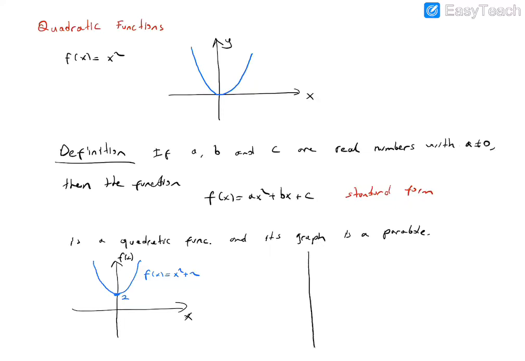So let's give an example. Let's say g of x is 3x squared minus 12x plus 14. Actually, it's not easy for me to directly sketch this graph, but from your textbook I will sketch. So this is our parabola, g of x equals 3x squared minus 12x plus 14.